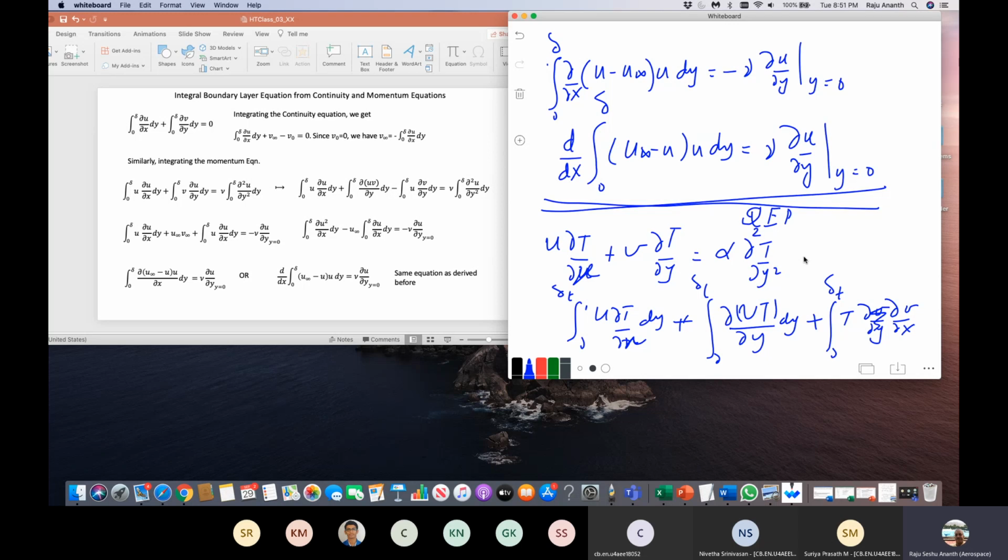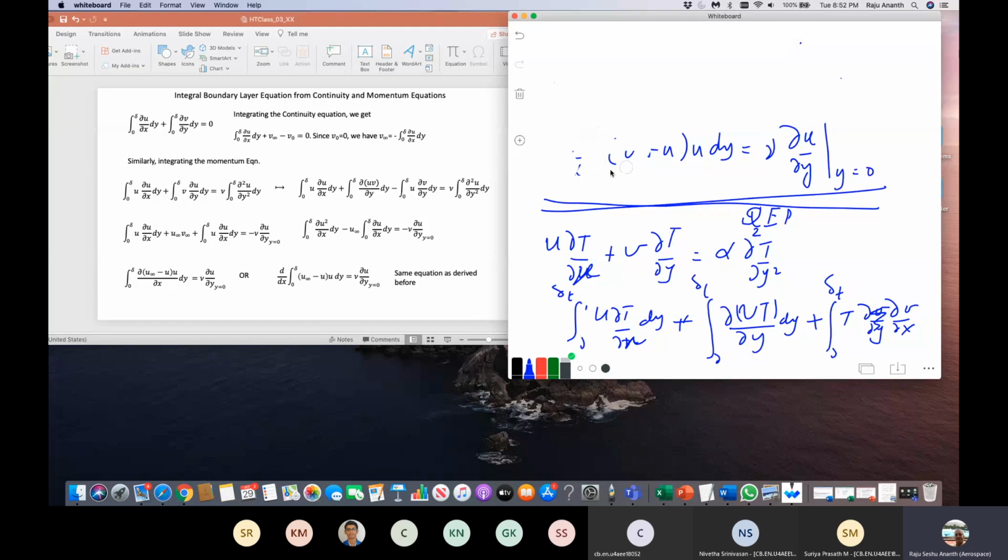Okay, so let's see the other; let me erase this one. Must be a better way to do this, but anyway, it's okay. So I'm going to take this equation.